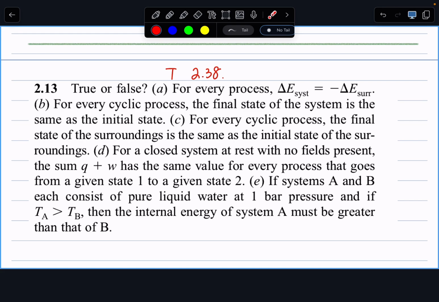I see. So here the common misunderstanding is when we're talking about a cyclic process, it is defined. The cyclic process itself is defined as the initial state and the final state being the same thermodynamic state. So when we say the same thermodynamic state, we're saying all the state functions are the same in a cyclic process in the initial state and final state.